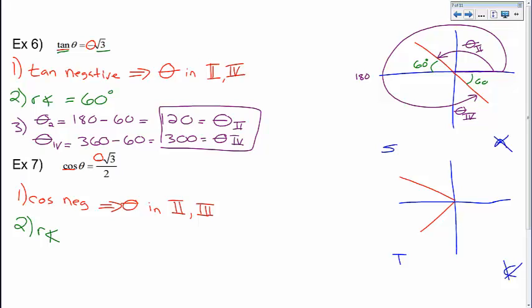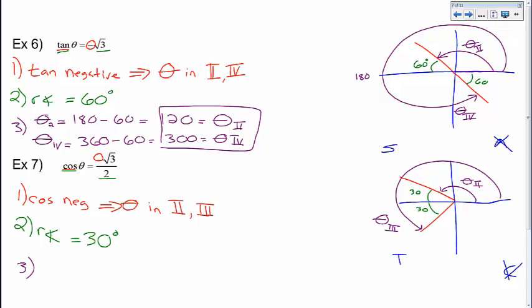Next, I'm going to look for my reference angle. Remember that the reference angle is the acute angle that makes cosine equal to the exact value. In this case, the cosine of 30 degrees is equal to radical 3 over 2, which you should remember from your chart. If you can't remember, go back and memorize.